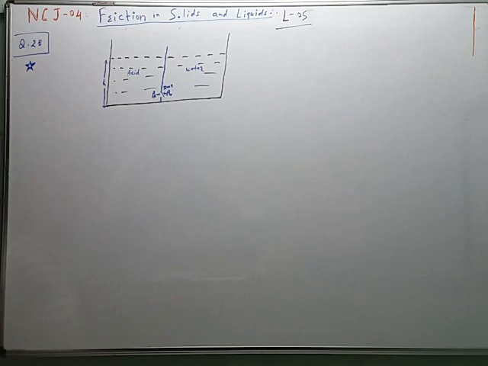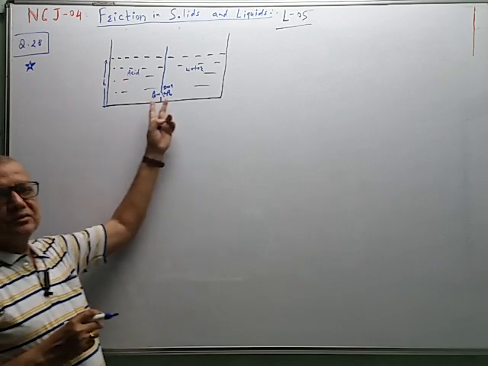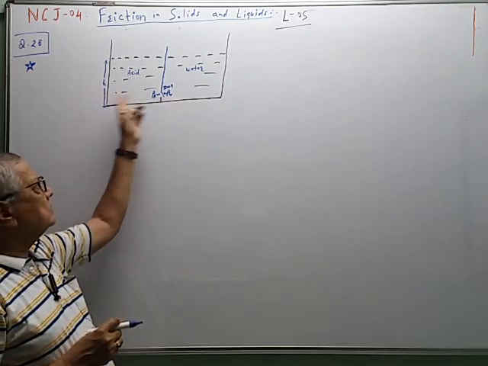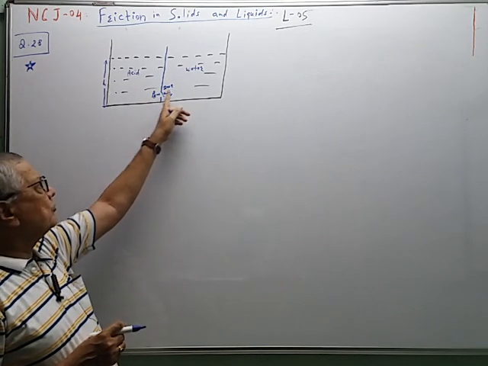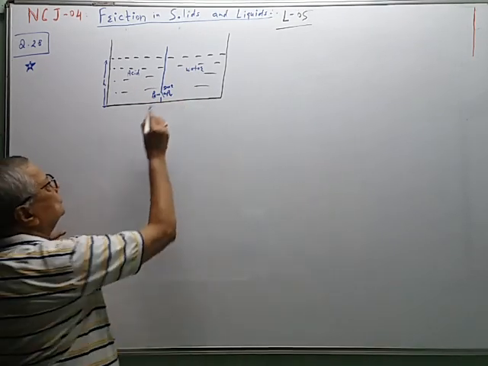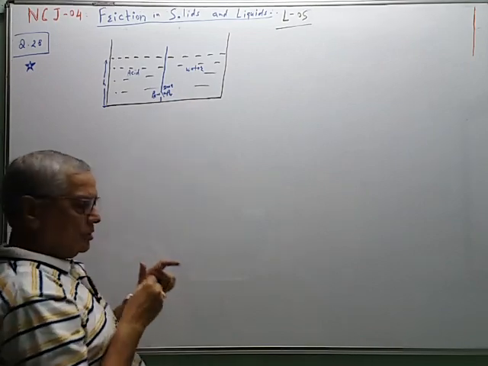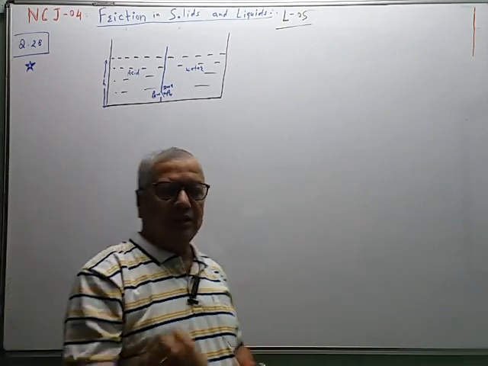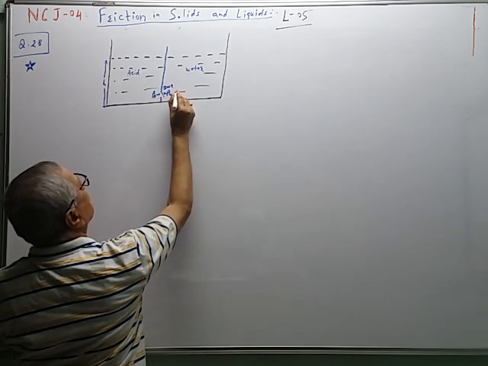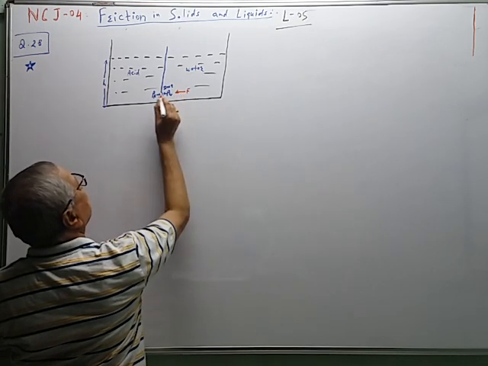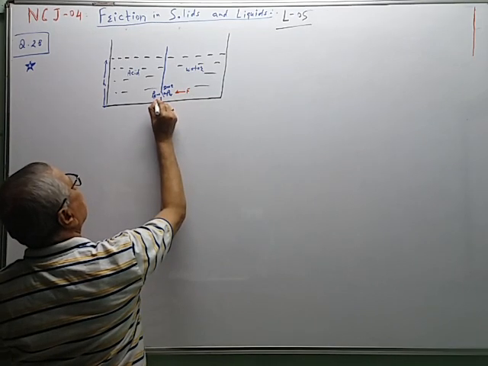So height is same but densities are different, and therefore there is a pressure difference, and that pressure difference is necessary. Now to keep the door closed, we have to apply a force in this direction. So the required force is in this direction.